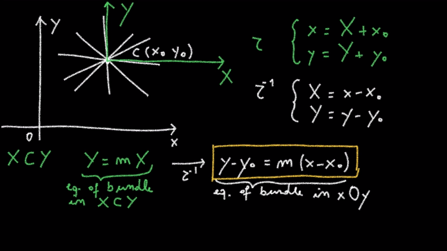Now, we want to generalize this equation by including all the lines passing through C(x0, y0).